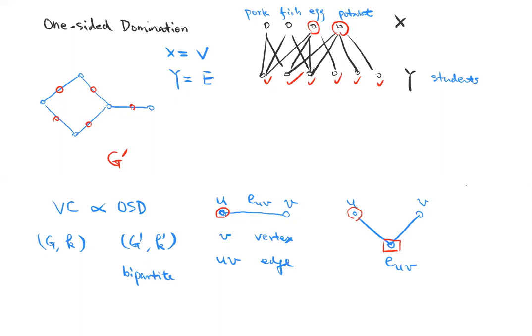We can use blue vertices to dominate red vertices. If I draw it in another way, it's maybe more like this. I write V1, V2, V3, V4, V5.